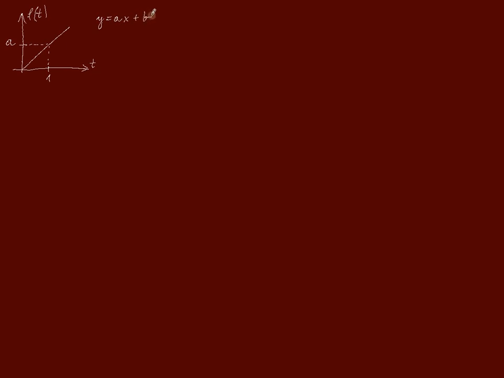Now we just need to plug the right things into this equation. On the vertical axis is the name of the function f of t, and on the horizontal axis is our variable, time. The slope is the tangent of angle alpha, so it is the ratio of the side of length a to the side of length 1.